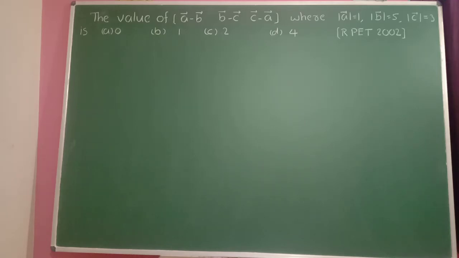So the value of the scalar triple product [a bar minus b bar, b bar minus c bar, c bar minus a bar] equals what here?